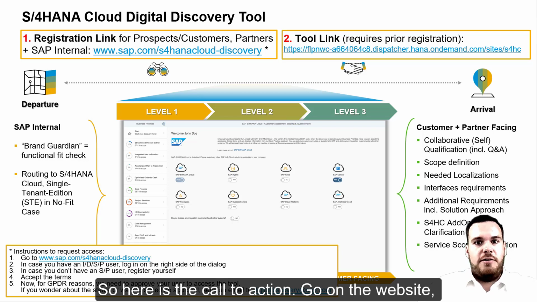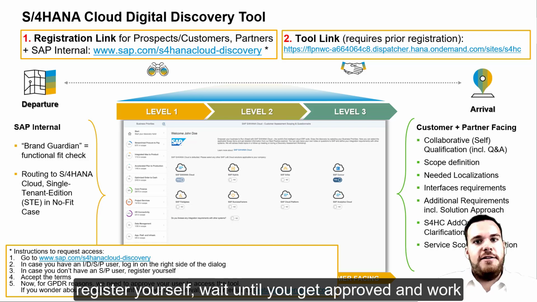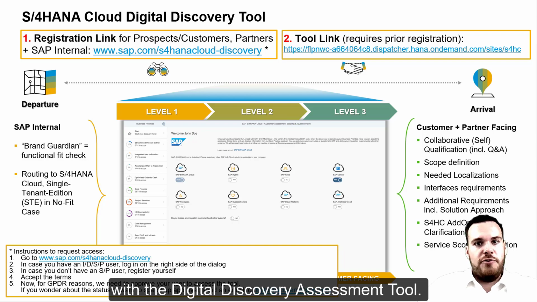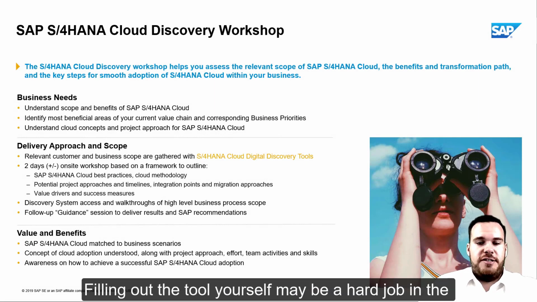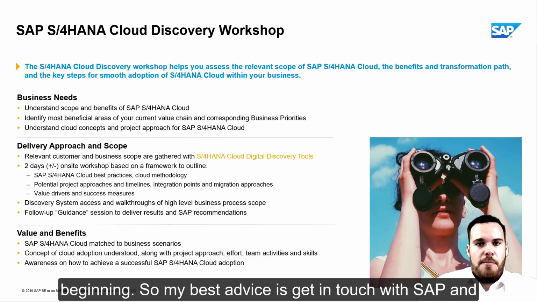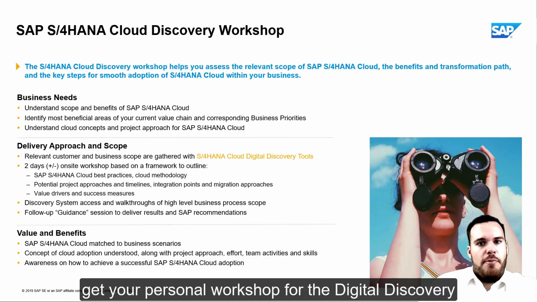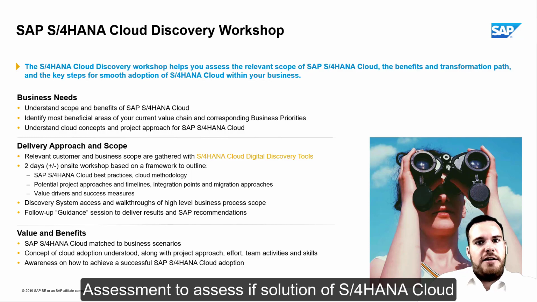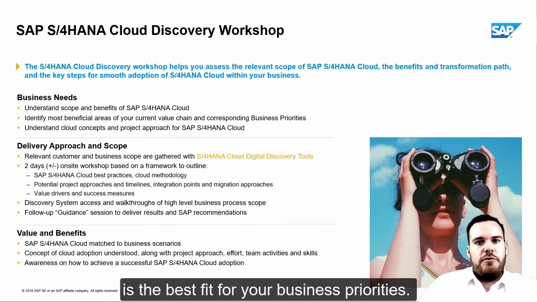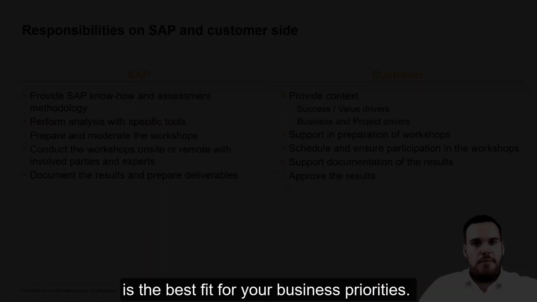So here's the call to action. Go on the website, register yourself, wait until you get approved, and work with the Digital Discovery Assessment tool. Filling out the tool yourself may be a hard job in the beginning. So my best advice is get in touch with SAP and get your personal workshop for the Digital Discovery Assessment to assess if the solution of S/4HANA Cloud is the best fit for your business priorities.